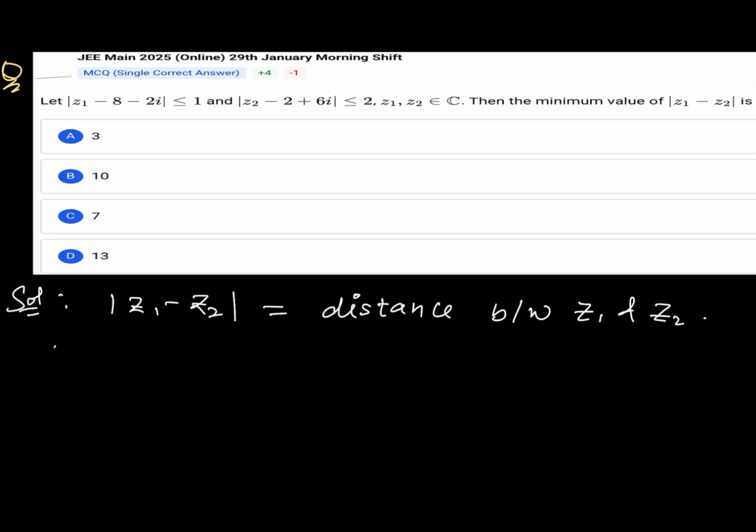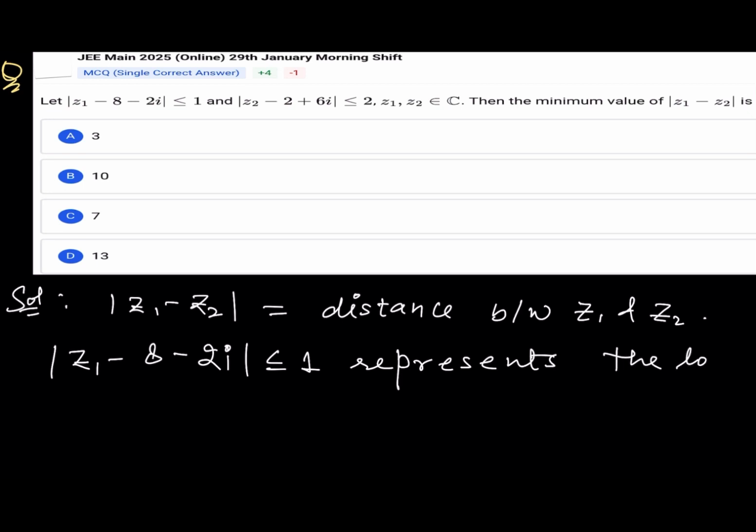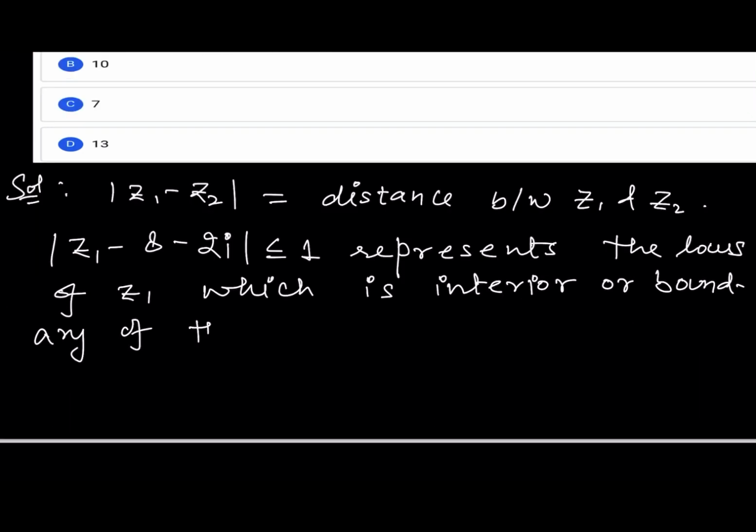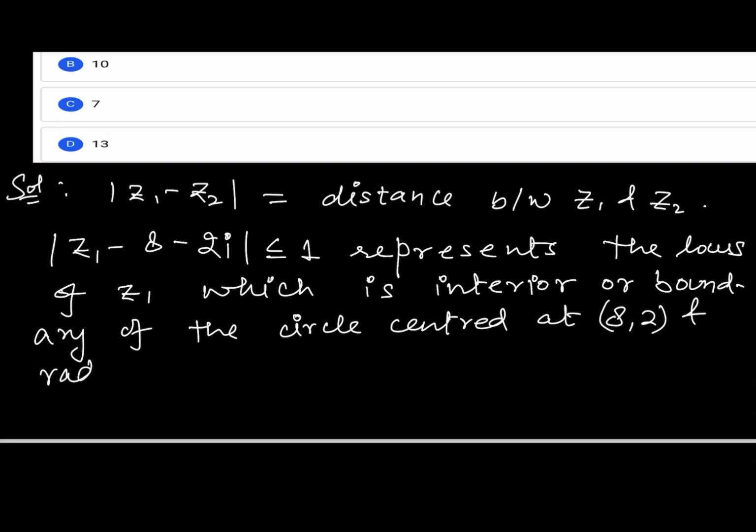Students, mod of Z1 minus 8 minus 2 iota less than or equal to 1 represents the locus of Z1, which is the interior or boundary of the circle centered at (8, 2) and radius 1.